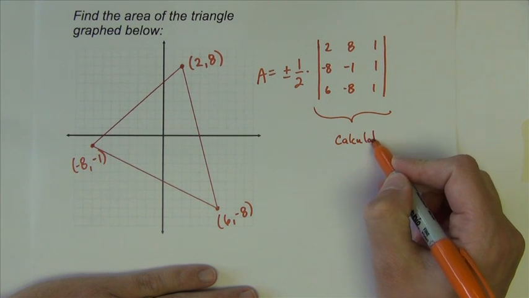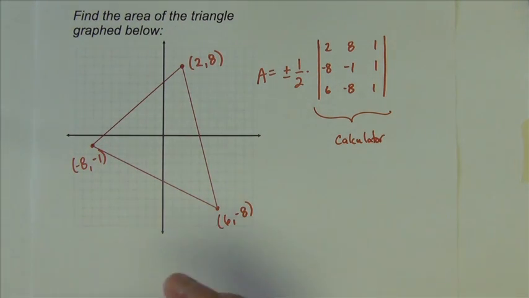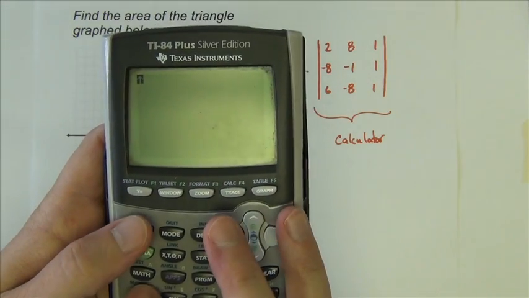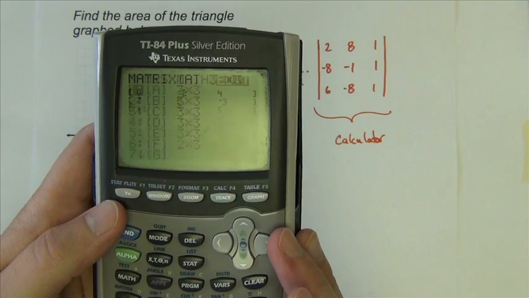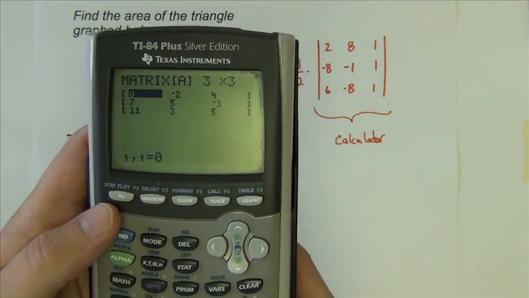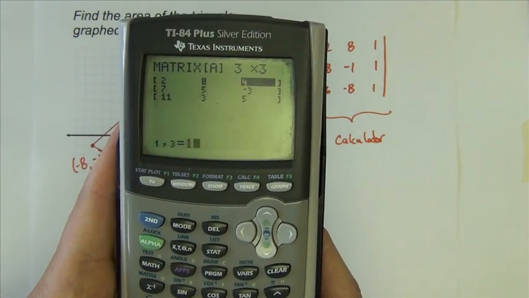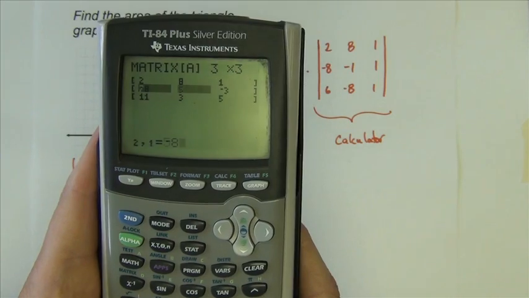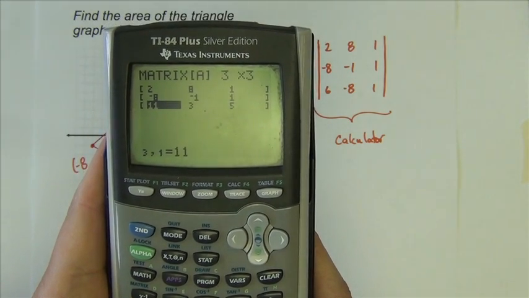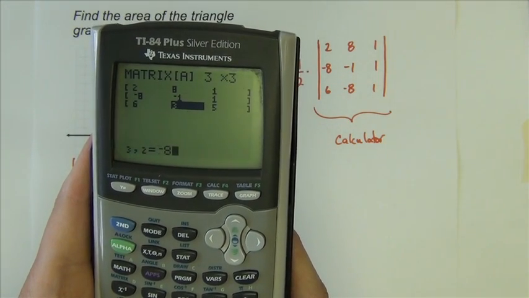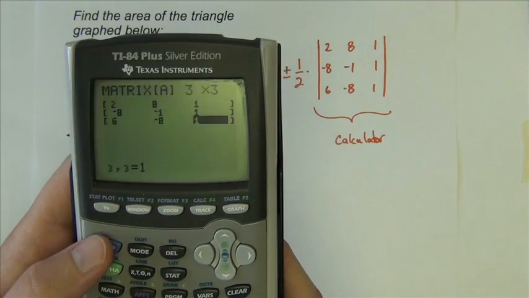on the calculator, just because I think it's faster to do them on the calculator. So let's show that. I'm going to go to matrix, I'm going to edit. I want a 3 by 3. It is 2, 8, 1, -8, -1, 1, 6, -8, 1.